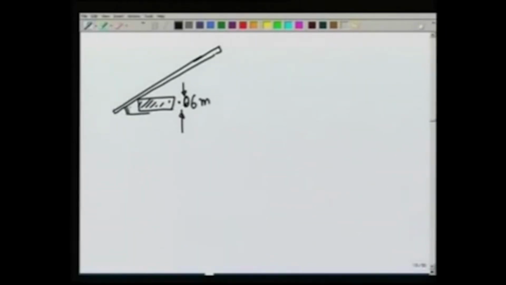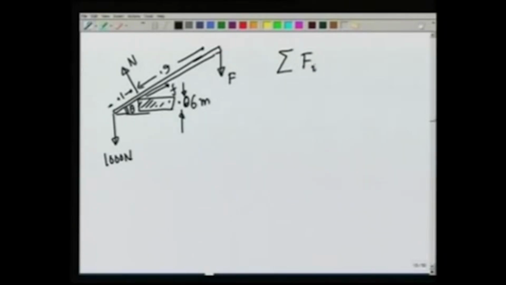Let this angle be theta, this is 0.1, this is 0.9, this is N, this way is frictional force F, this is F, and this is 1000 newtons. So, when I first write the force condition, summation F_i is equal to 0. Let us write its x and y components.